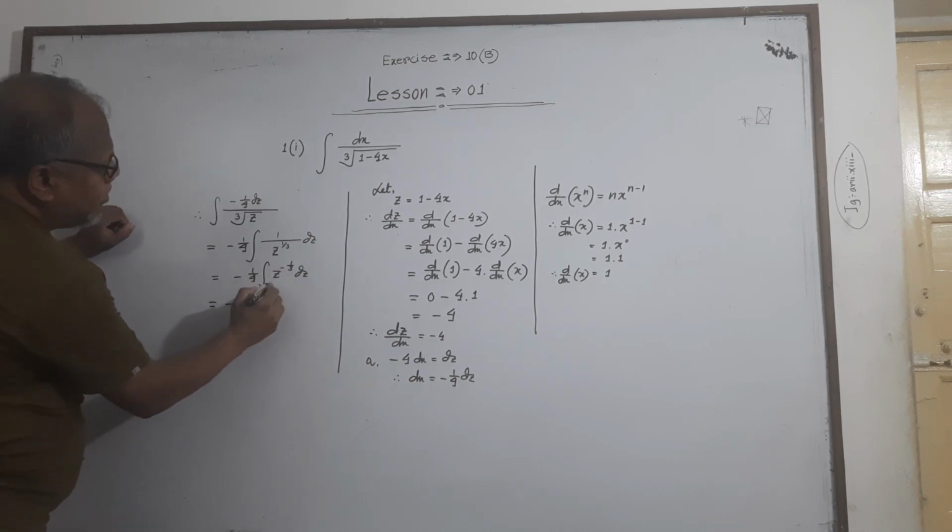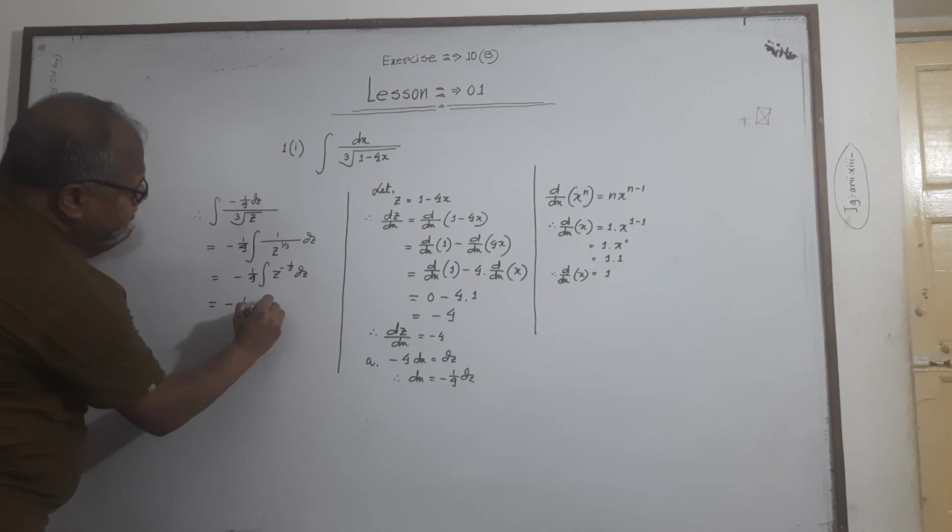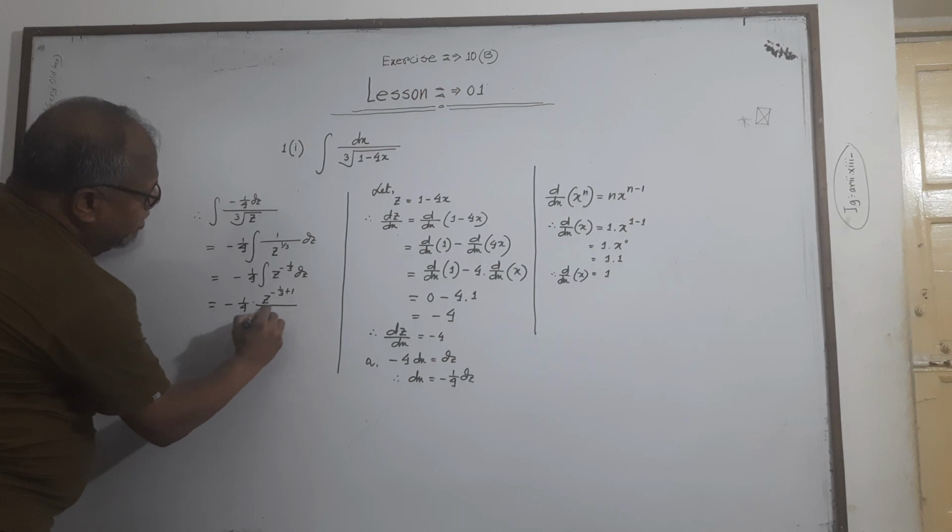Here I use the normal integration formula: z to the power minus 1 by 3 plus 1 divided by minus 1 by 3 plus 1.